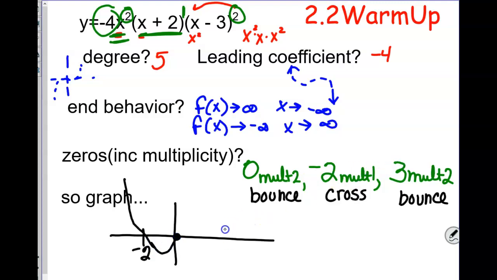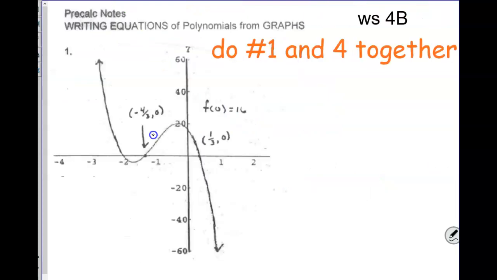And then at 3, it has another 0. And it's supposed to bounce there. Does that give it the proper end behavior? On the far right, it should be going down. Yes? Okay. Questions? Good job.